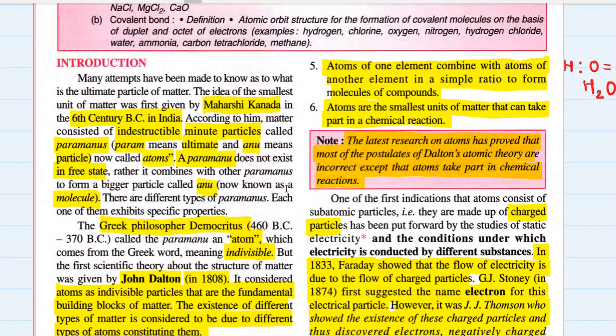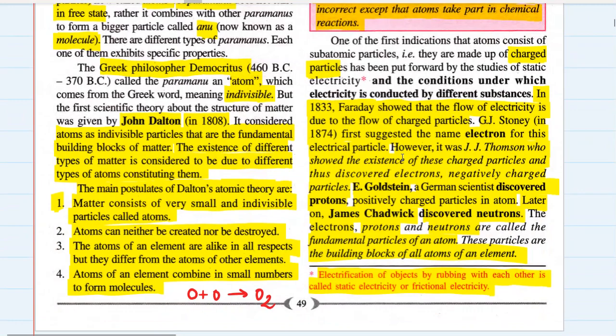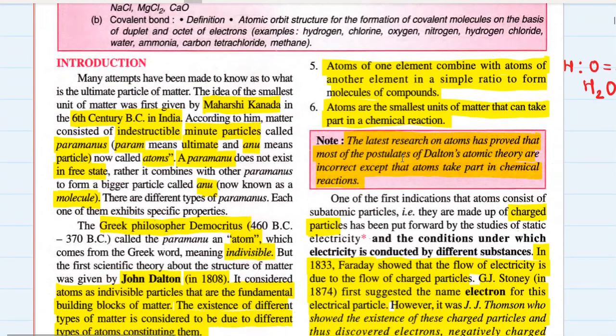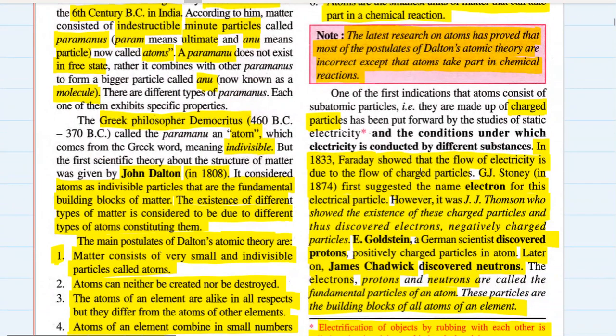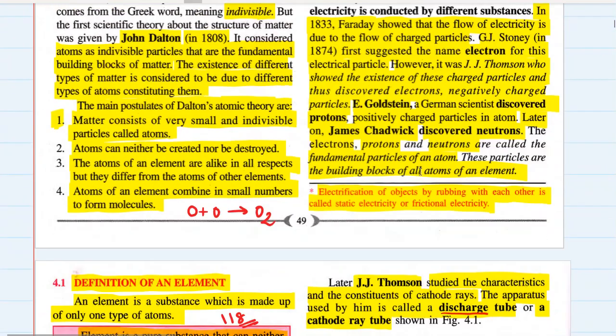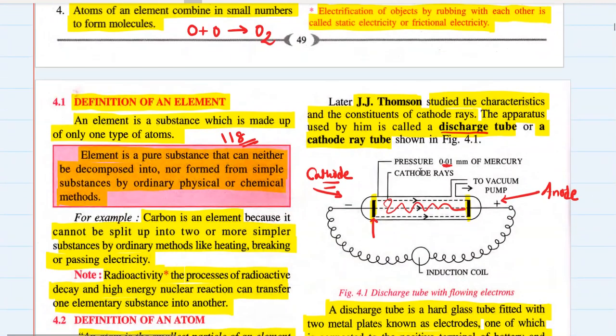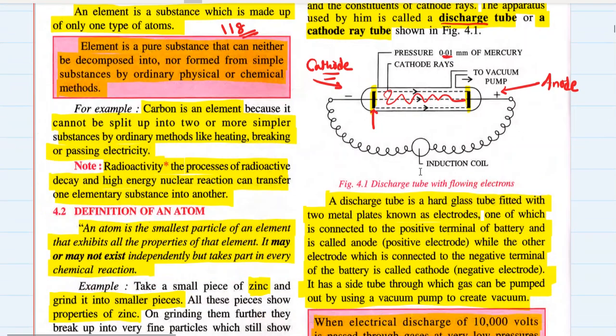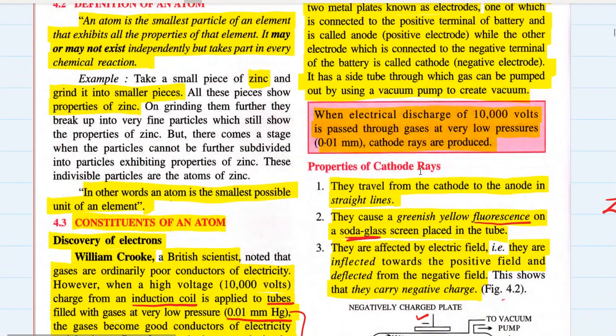Then in the early 19th century came John Dalton, who gave some theory regarding atomic structure. Not all the main postulates of this theory were correct, but some of them were accurate. And then slowly the discoveries started happening as science and the industrial revolution proceeded. And then we understood what is an element, what is an atom, and what constitutes an atom.